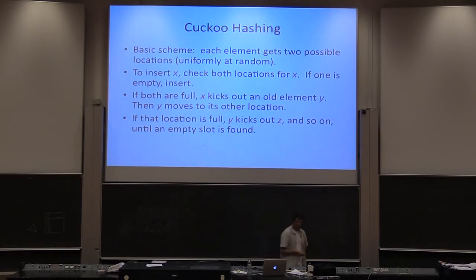All right, so now I'm going to talk about a different way of using multiple choices. You can think of this as an extension of the multiple choice hashing approach I just talked about, except in the multiple choice hashing approaches I was talking about, balls were coming in sequentially and they were placed, and once I placed them, that was it.